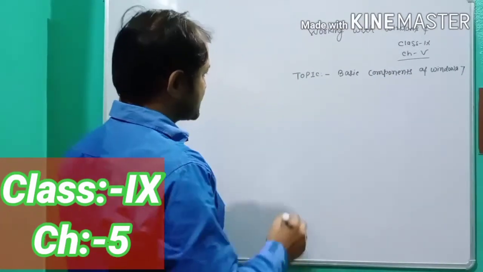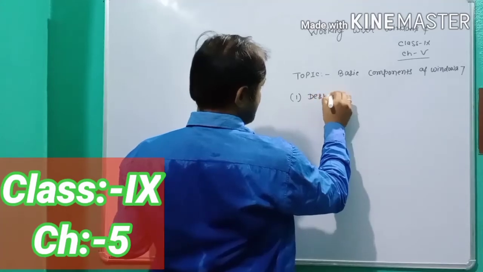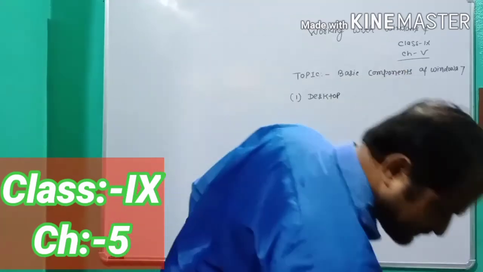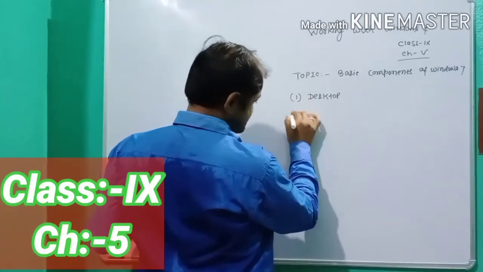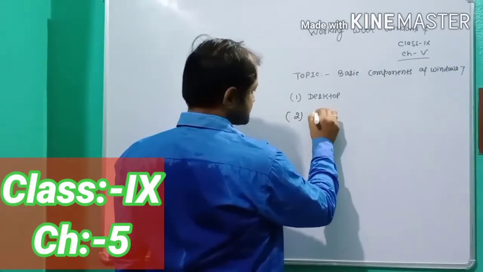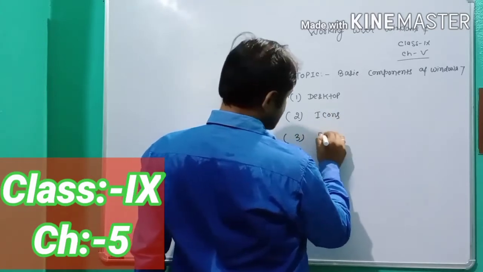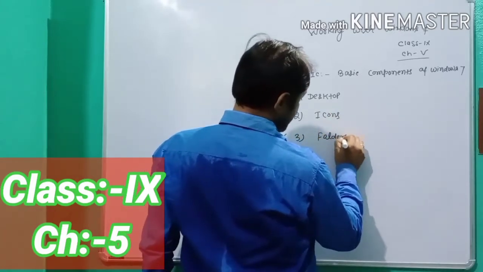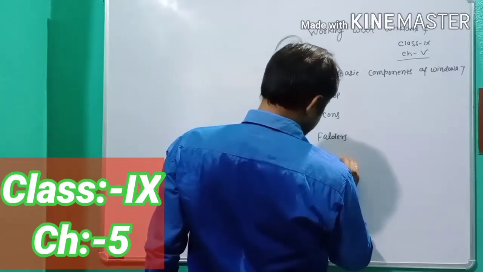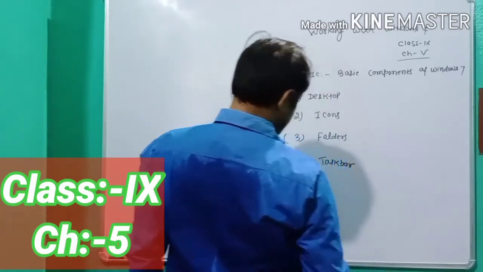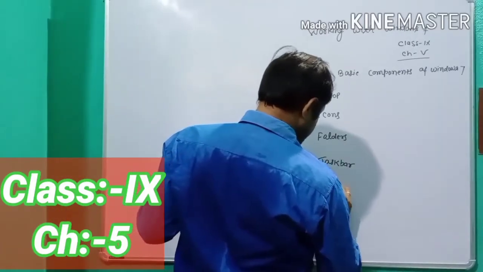There are so many basic components of Windows 7. First, desktop. Second, icons. Third, folders. Fourth, taskbar. Fifth, start button.